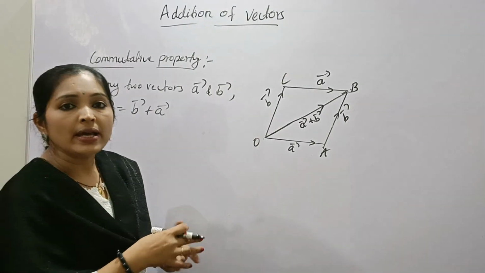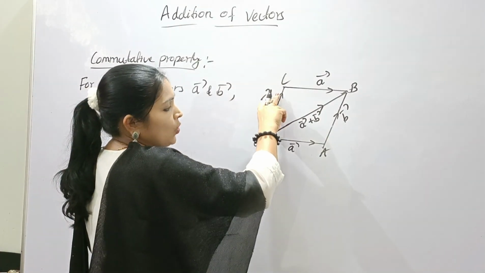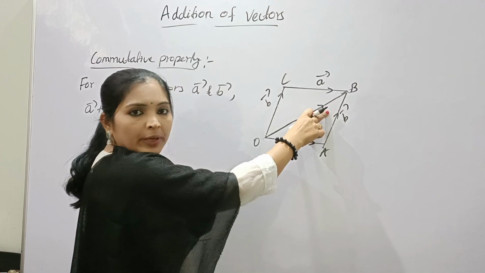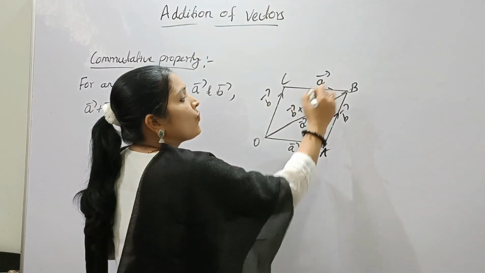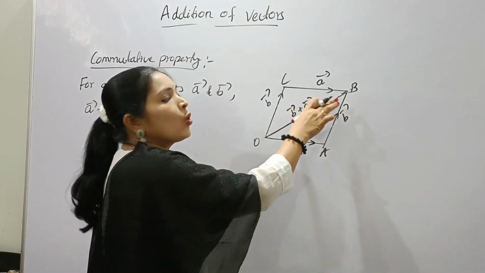Here also we will apply the triangle law of vector addition. Vector OC plus vector CB is equal to vector OB. That is, vector B plus vector A is equal to this diagonal vector OB.